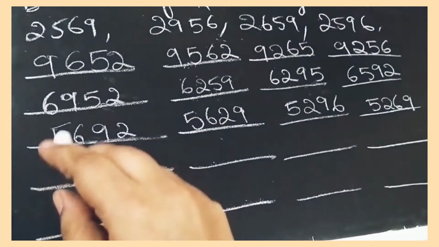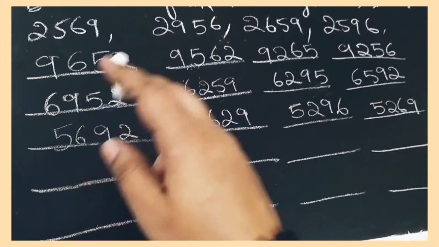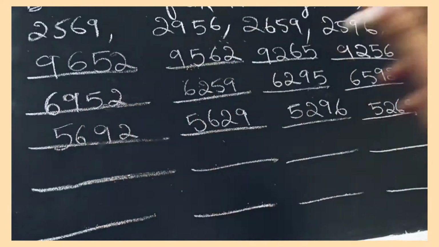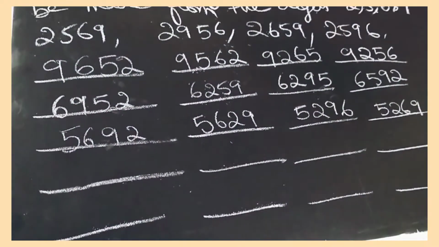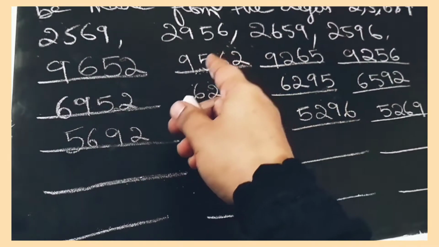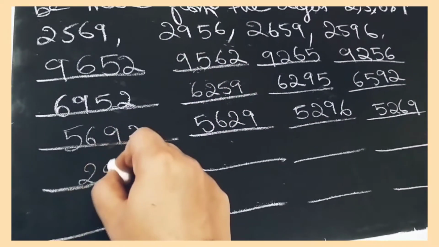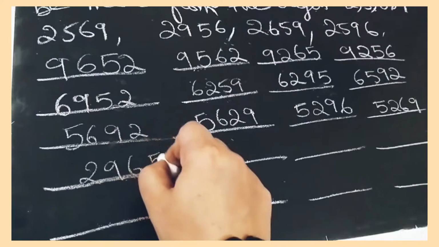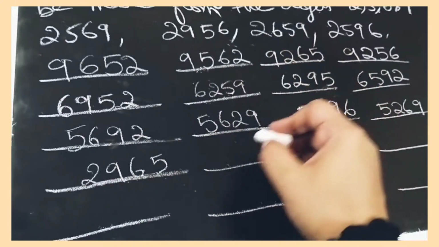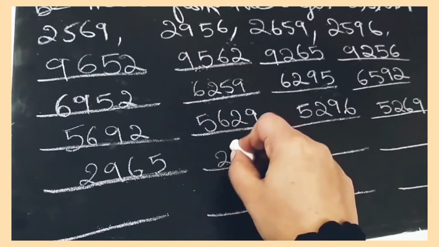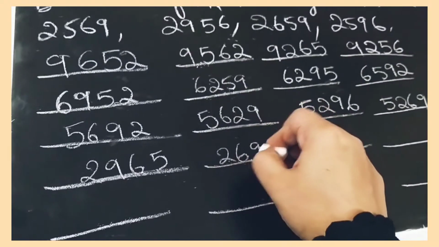Then we have taken 5 over 6 over, 9 also. We can take 2 9 6 5 also here. Here 2 6 5 9 is there. We can take it as 2 6 9 5.